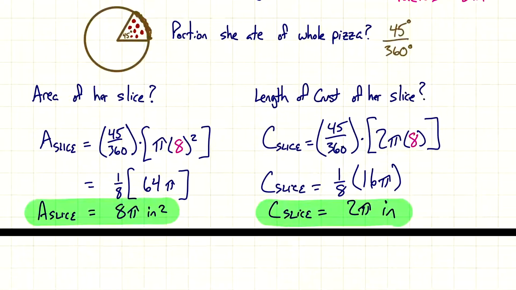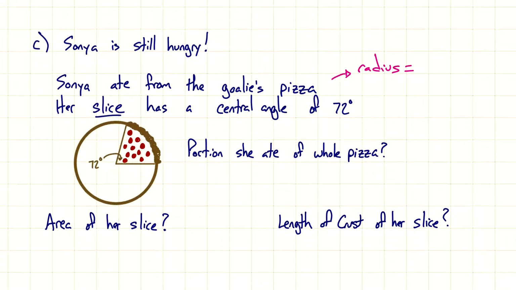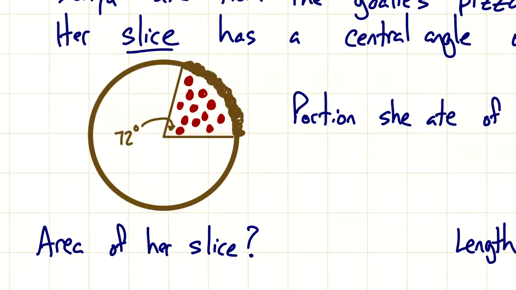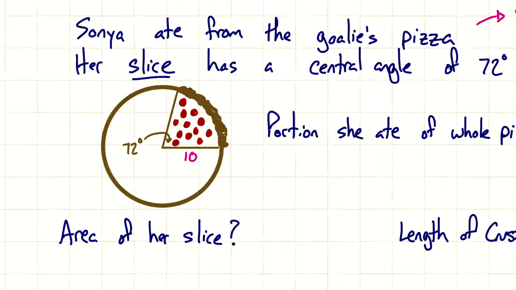All right, so that means you should have answered 10, right? So 10 inches for the goalie's pizza. And it was a central angle of 72, so the radius is 10, and her slice, a pretty big slice, 72 degrees for that one.